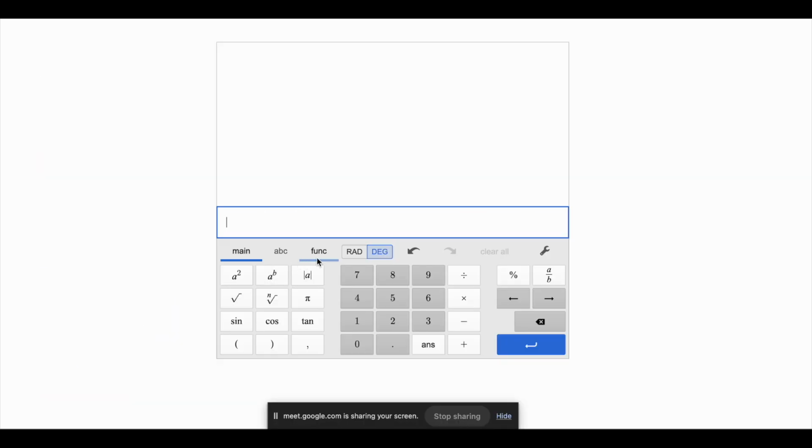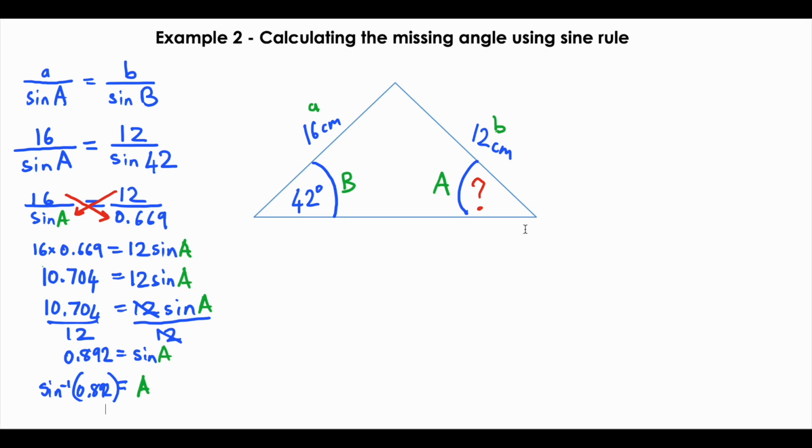Inverse sine of 0.892 gives us 63.125. This 5 turns this 2 into a 3, so we have 63.13 degrees. That would be equal to our angle A. So we know that the angle here is 63.13.